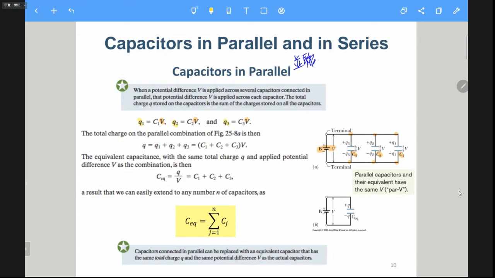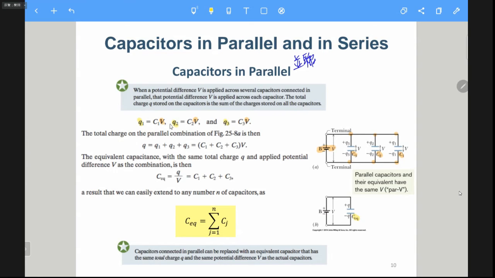So in that case, we will try to find the equivalent capacitance, which is like if we just remove this part and then put this CEQ here, and then the voltage and the charge look exactly the same as this one, which means that Q equals Q1, Q2, Q3 added together. So we have Q equals Q1 plus Q2 plus Q3.